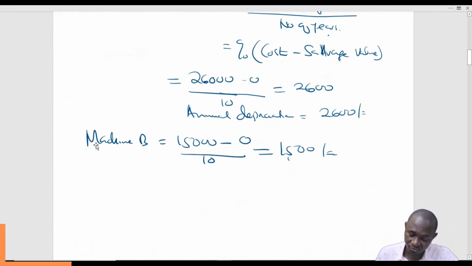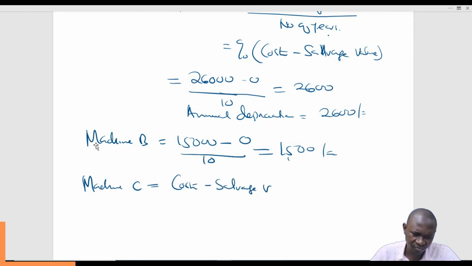So machine C uses the reducing balance method. It's a different method from the straight line method. In reducing balance, we work with the written down value. The formula is still the cost minus salvage value, and then of course you multiply by the percentage that it's supposed to reduce.